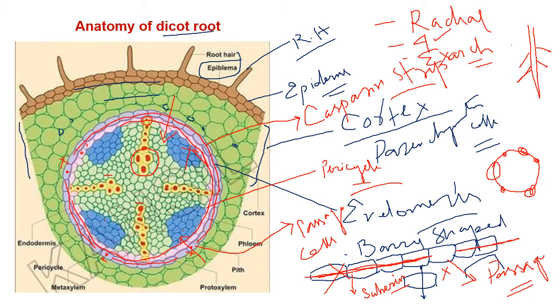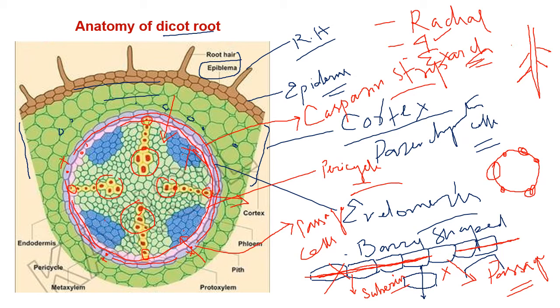You have metaxylem here, and protoxylem here. So what is X-arch condition? X-arch condition is that you have protoxylem towards the outer side and metaxylem towards the center. This is the X-arch condition.